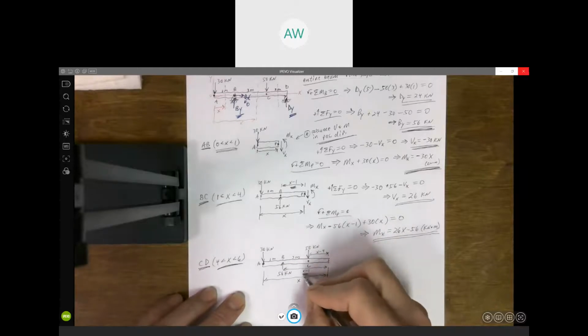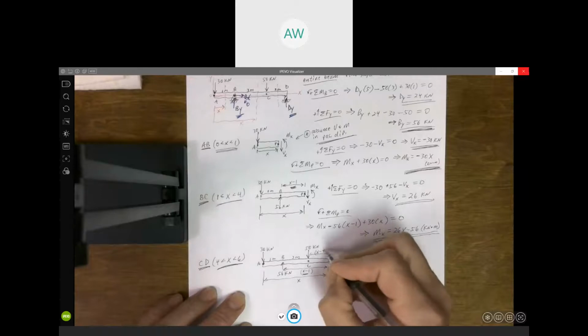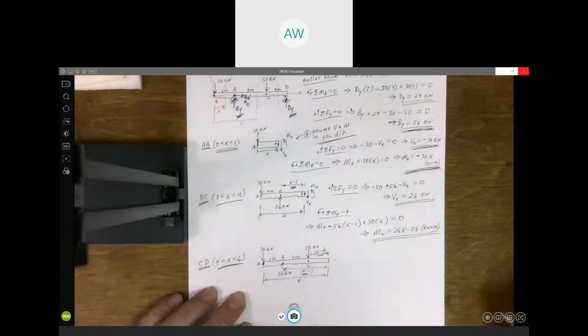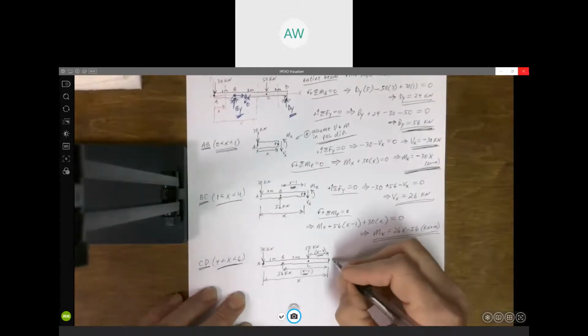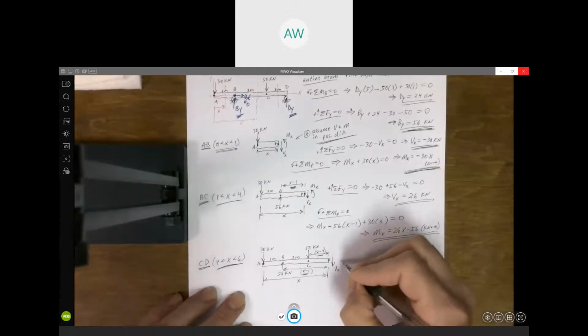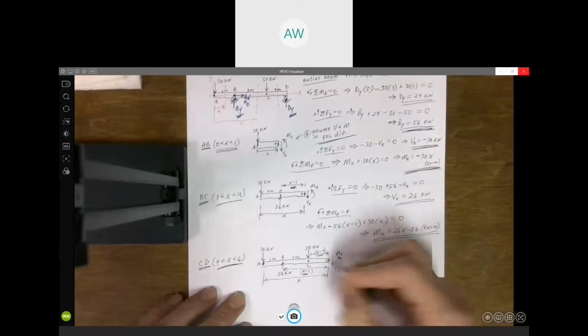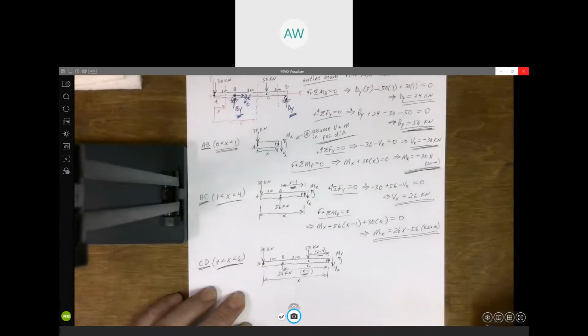Right, so any questions at those two distances? And again, what we're after here is shear force and bending moment at that point where we cut.